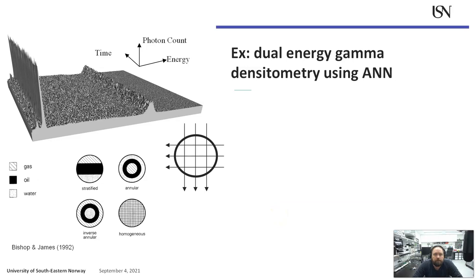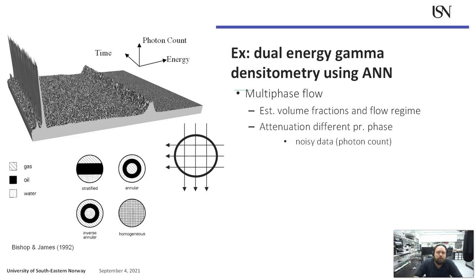One further example, which is similar to this acoustics predictive maintenance approach, is something called densitometry, or dual energy gamma densitometry, which is based on using gamma radiation and typically applied to what we call multi-phase flow.